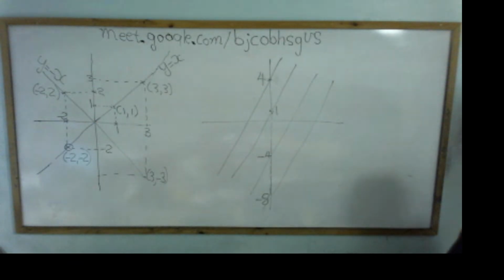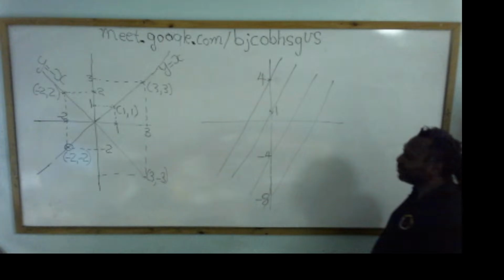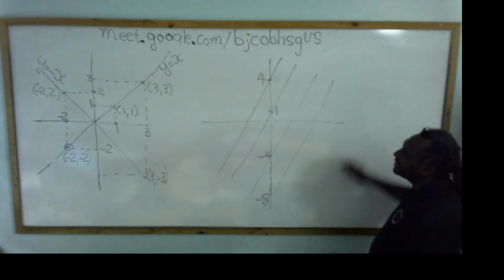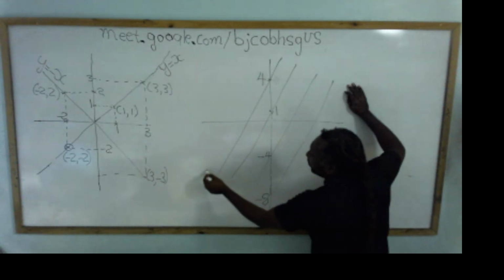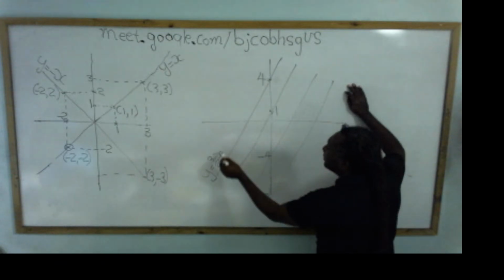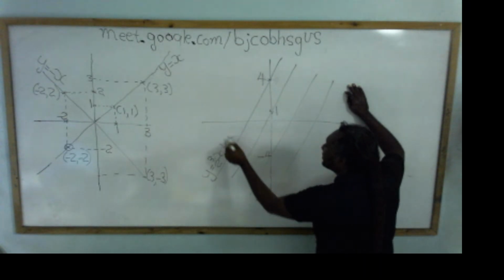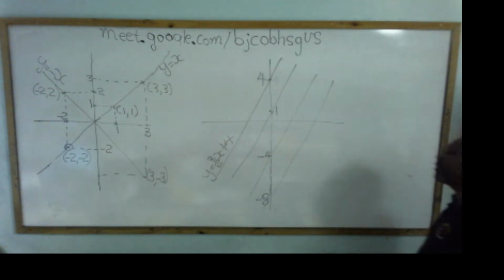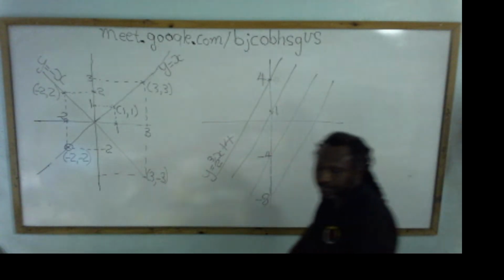Now, since all of the lines are parallel, we can write down the equation of one, and then we'll know the equation of the others. So this one is y is equal to 3 over 2x plus 4.